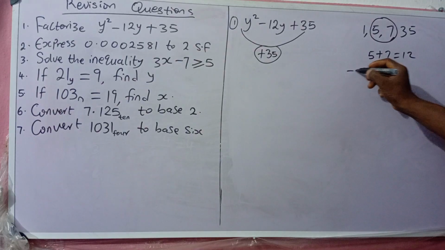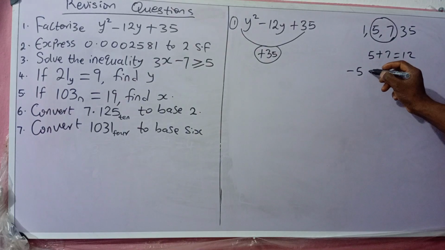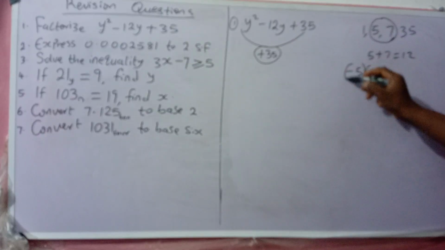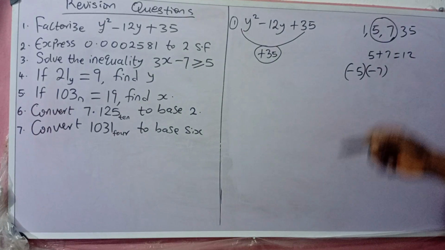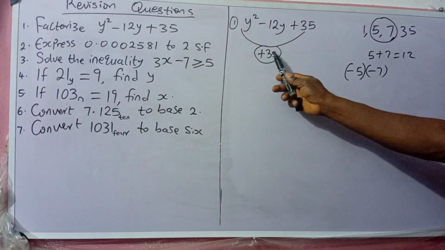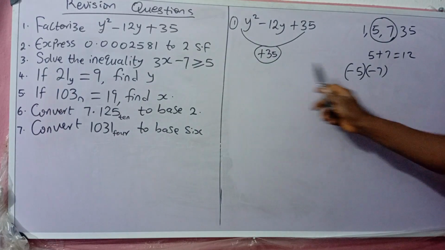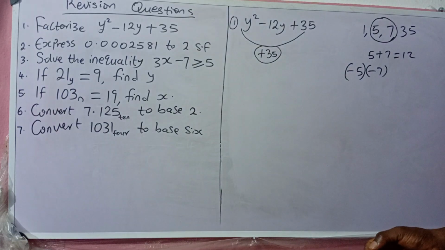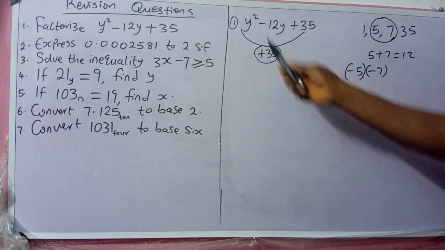And that is to say minus 5 and minus 7. Because when you multiply minus 5 times minus 7, that will give us plus 35, because minus times minus is plus, and 5 times 7 will give us 35. So let's think of it here.